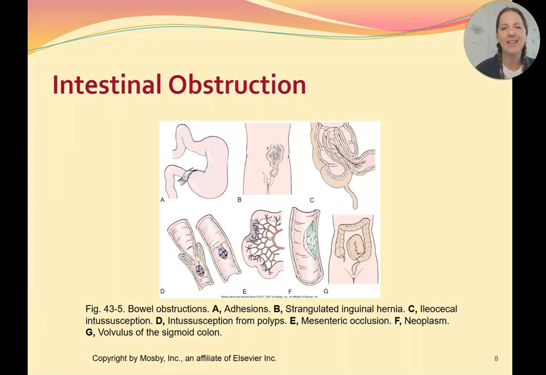So with A, adhesions, think of it as scar tissue, where things are sort of sticking together because scar tissue was formed there. B, you get this strangulated inguinal hernia where the intestinal tract falls below into the testicular space, and the muscles can actually cause stricture there.